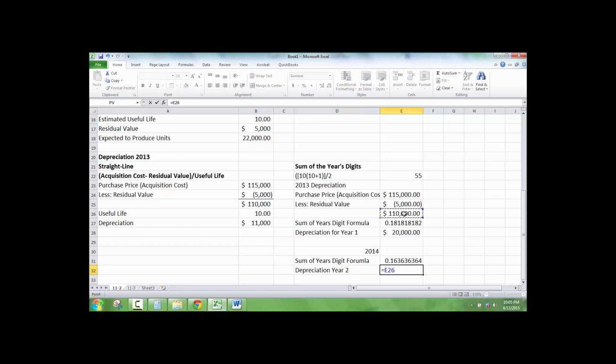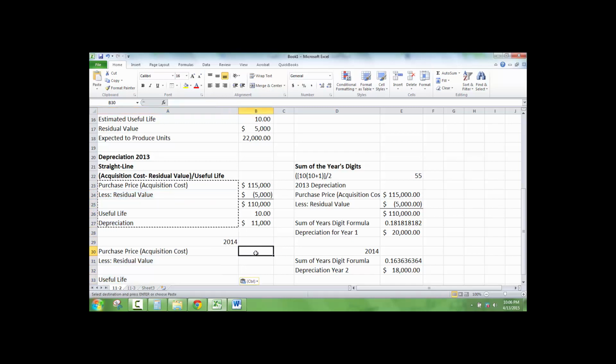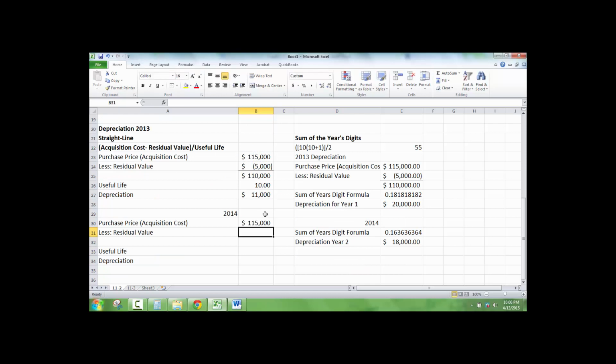And we take the 110 and we multiply it by this. And we get $18,000. And straight line for 2014, just in case you didn't understand, or I didn't do out the 2014, would literally be 110 divided by the 10, the same thing. Remember, straight line.